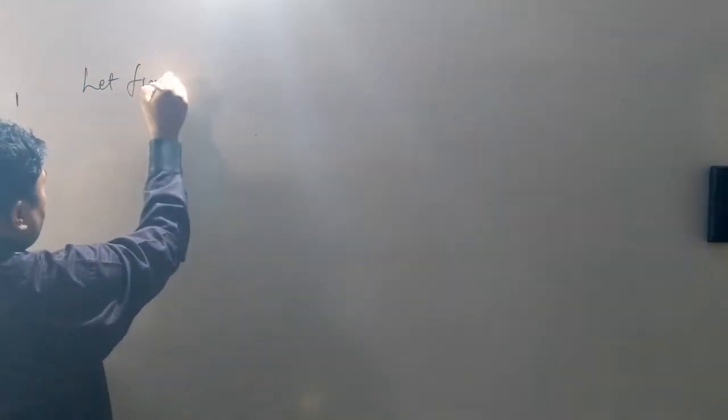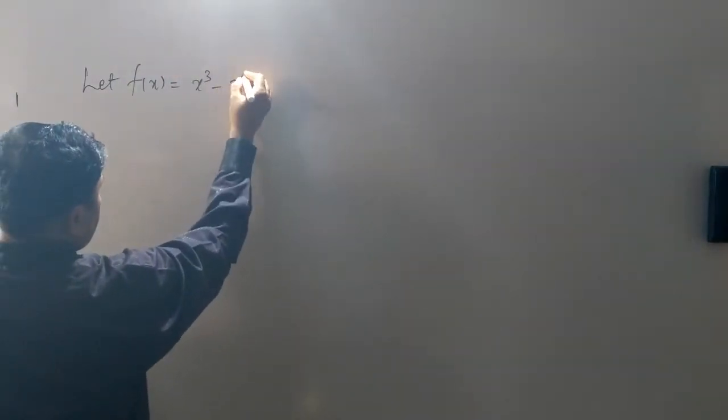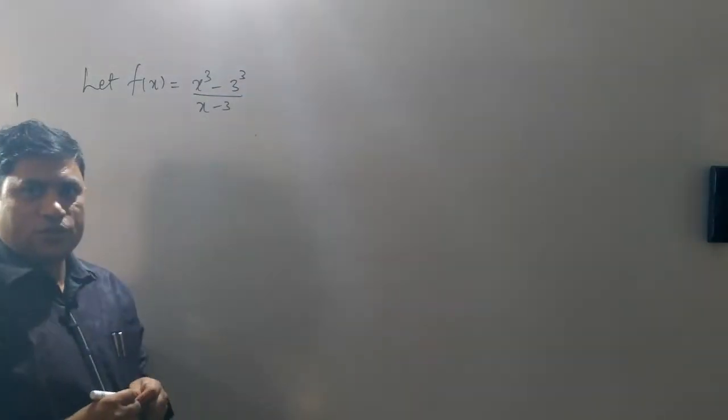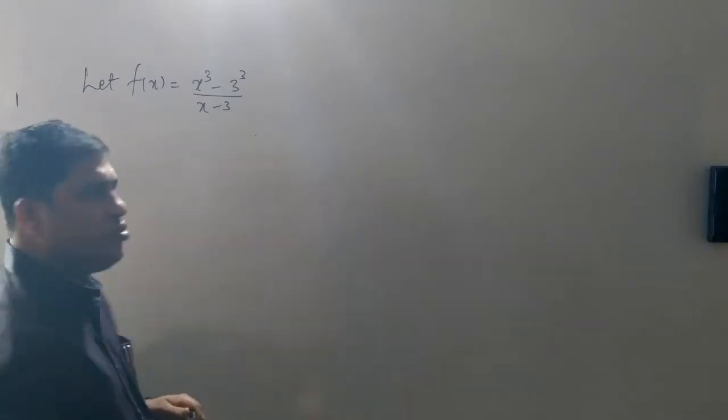Now we consider one more example. Let's consider f of x is equal to x cube minus 3 cube upon x minus 3. We want to find the limit for this function as x tends to 3.